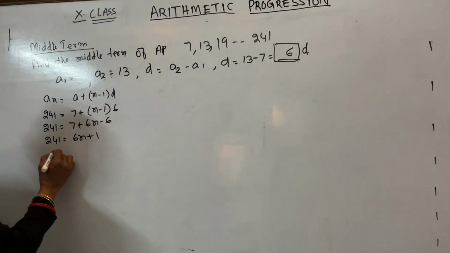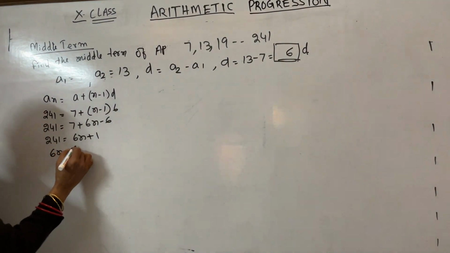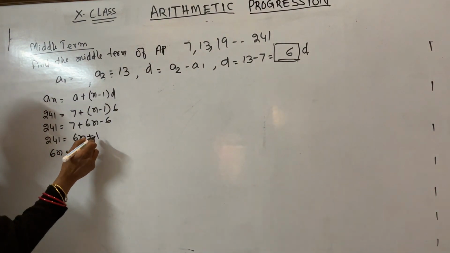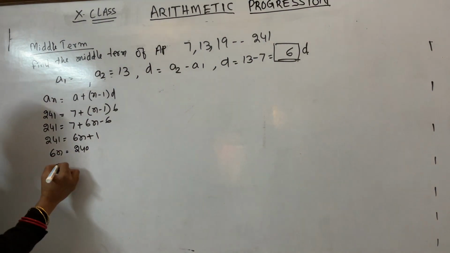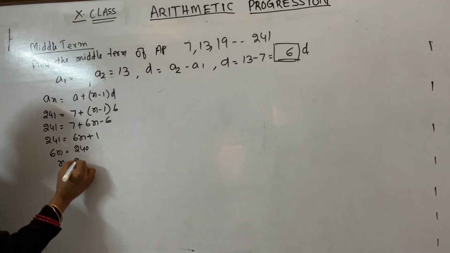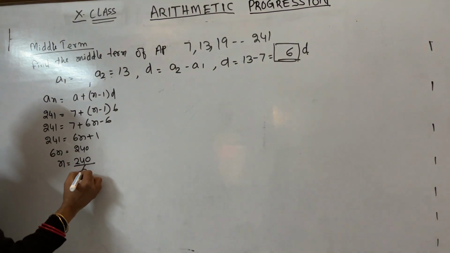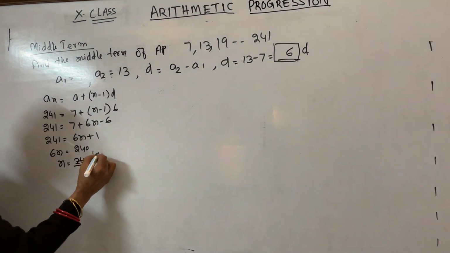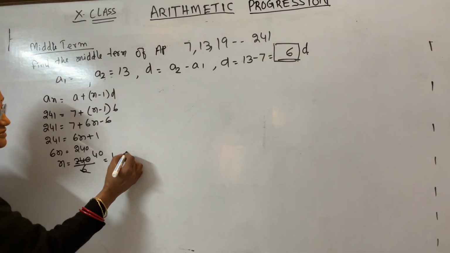So this side 6n equals 240, because 241 minus 1 is 240. n equals 240 upon 6. That is 40 terms.